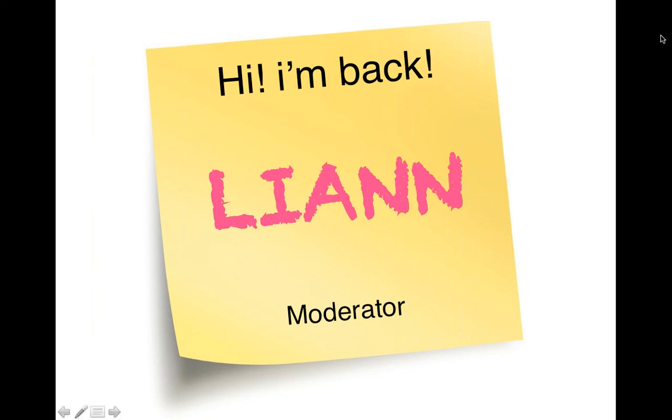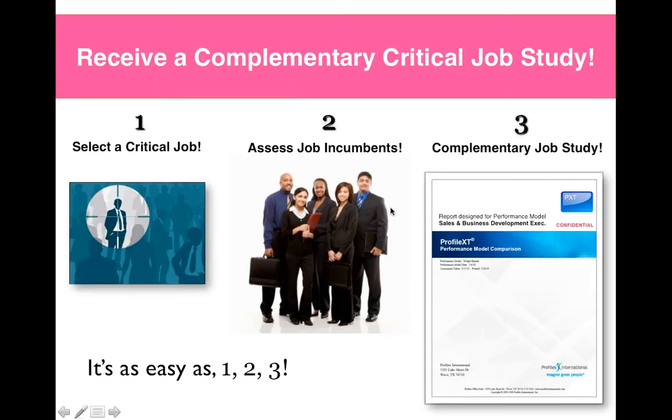Just like what he mentioned earlier, take advantage of our critical jobs study. If you have a group of individuals that you're highly interested to see how they perform against some of the competencies that you may already have in your organization, well, the study should do the trick.